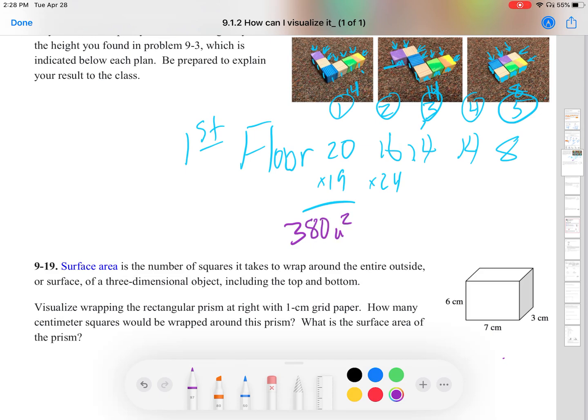This is area. This one becomes 384, and then this one becomes 448. Number 4 also becomes 448, and the last one becomes 320. Again, all of these are square units. I just didn't have the space to fit that in. Okay?